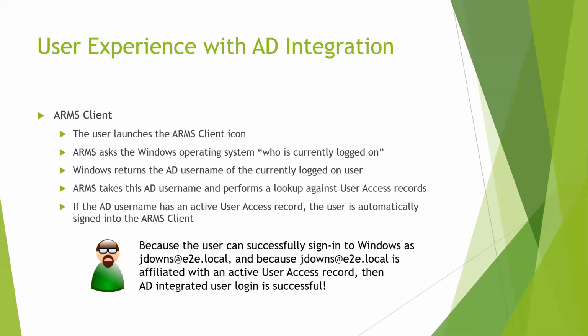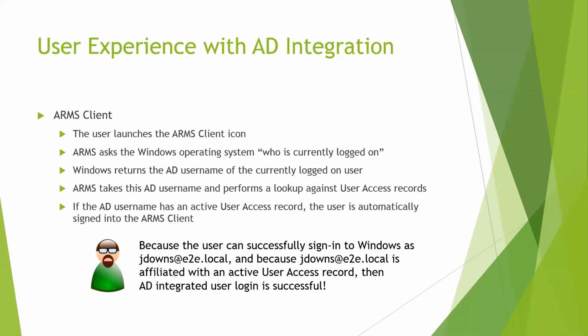All circumstances given to be true, because the user can successfully sign into Windows as a domain user, and because that domain user is affiliated with an active user access record in ARMS, the AD integrated user login is successful and takes the user directly into the ARMS client, without the user having to enter a username and password in order to sign in.